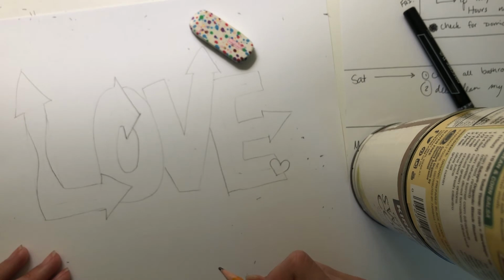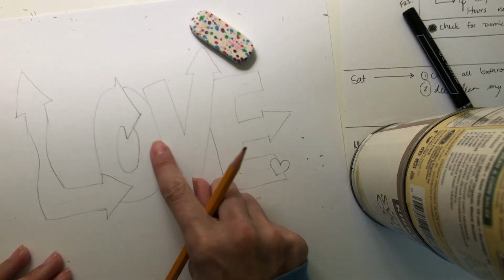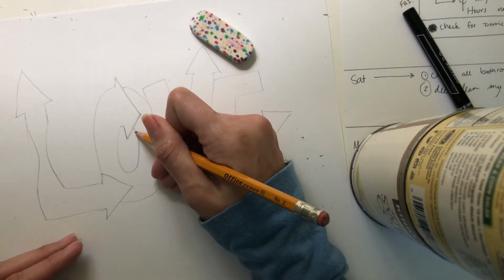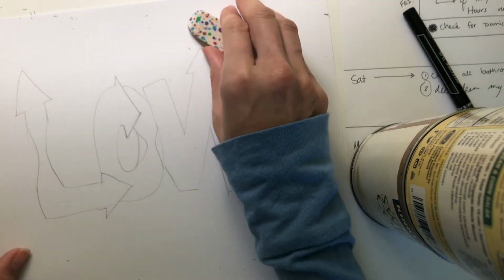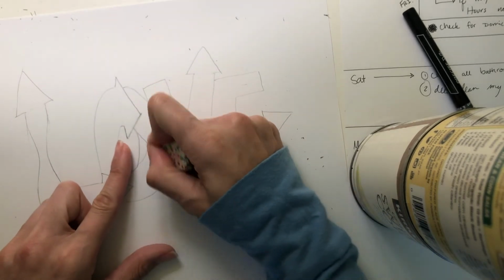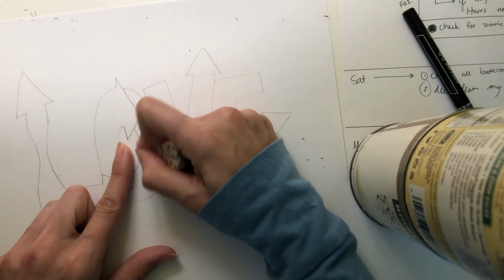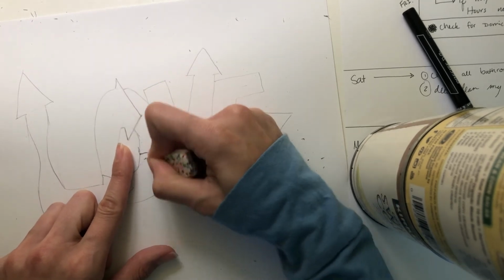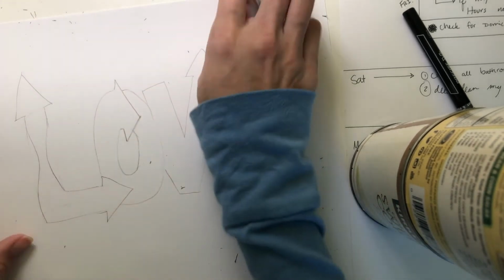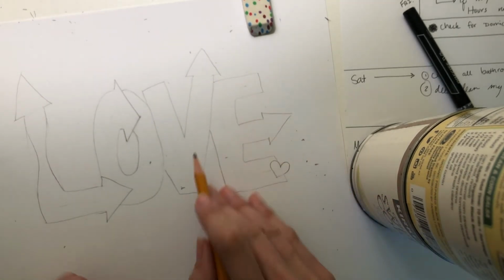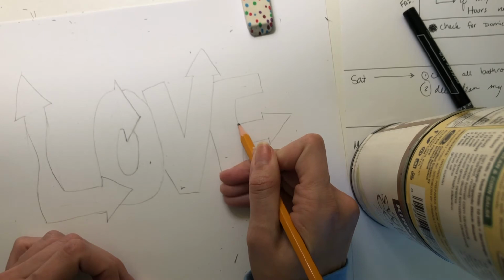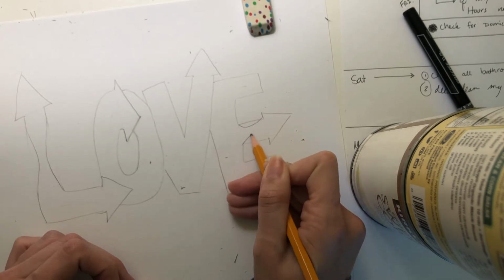Okay, let's see what other parts I can make thick and thin. Maybe I'll make this part of the O a little thinner. Actually, you know what? I'm not gonna do that there because I like how it's covering the V, and that's okay. We can change our mind. I think I'm gonna change some parts of the E. We'll make this nice and thin.